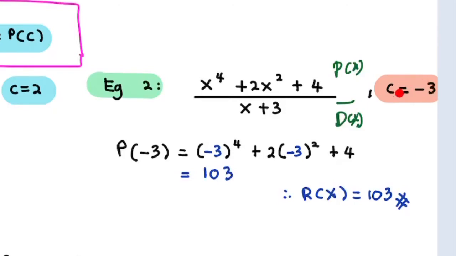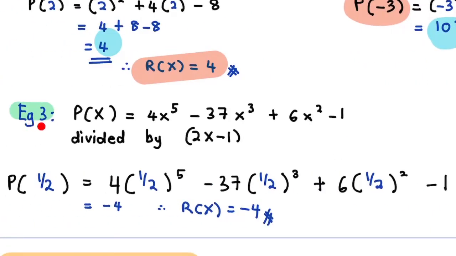After you identify your c, we will straight away use p(c). So let's fill in p(c). This is minus 3 to the power of 4 plus 2 times minus 3 to the power of 2 plus 4. So this is equal to 103. Therefore, you can conclude your remainder is 103.